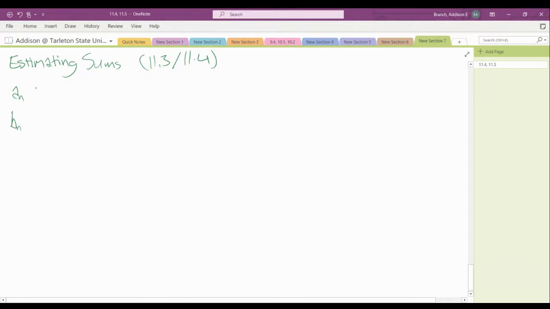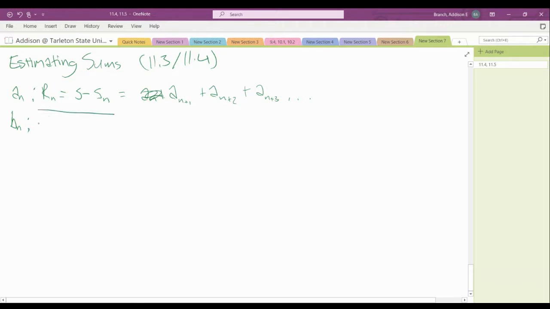For series a, we can say that our remainder, R sub n, is equal to our sum minus our partial sum, which is going to be equal to a_(n+1) plus a_(n+2) plus a_(n+3), and so on and so forth. That part isn't super important, but we mainly need to pay attention to this.